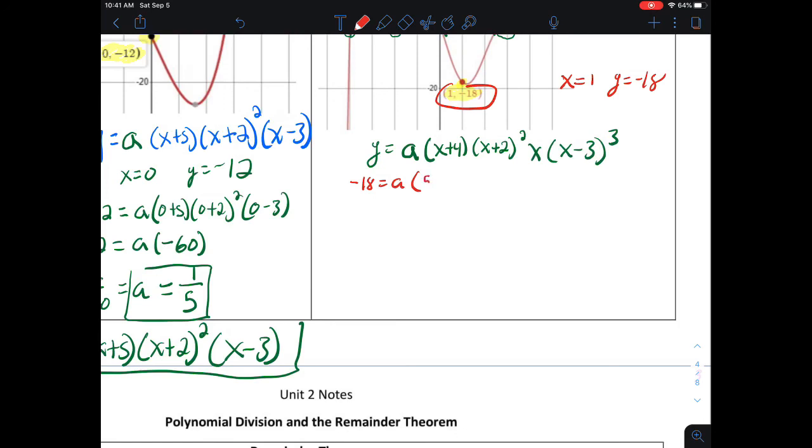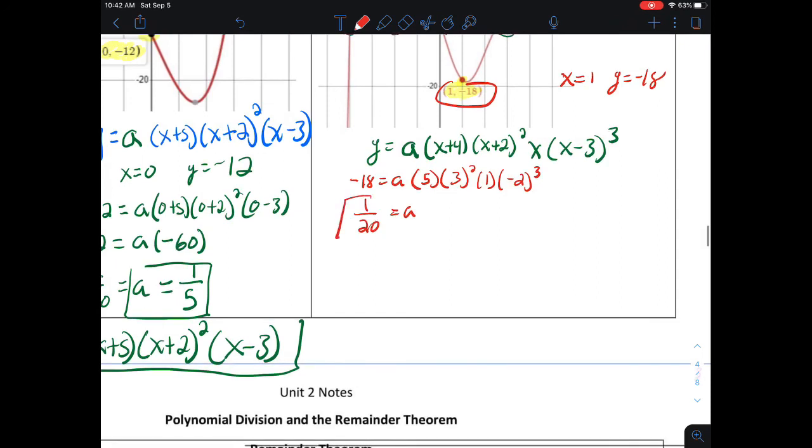So it'll be a times 5 times 3 squared times 1 times negative 2 to the third power. And then we have to work our way to try to solve that. Now we take that, we just put that in for a, and we have the equation of our polynomial in factored form.